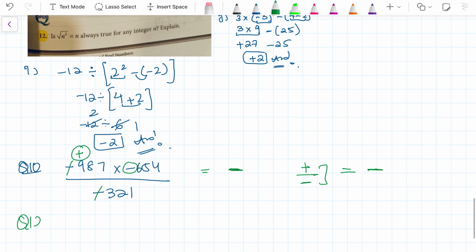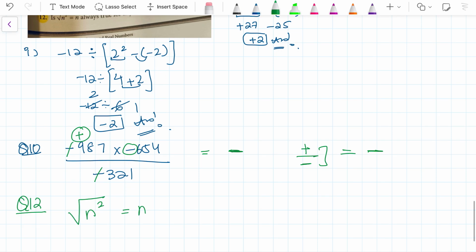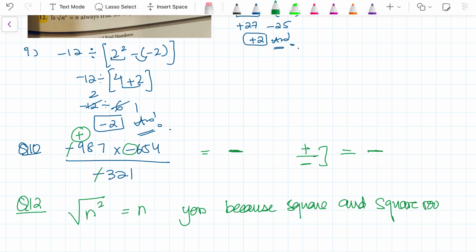Question 12. Factors I'll discuss later. Is the square root of n square always n? Yes, because square and square root can cancel out each other.